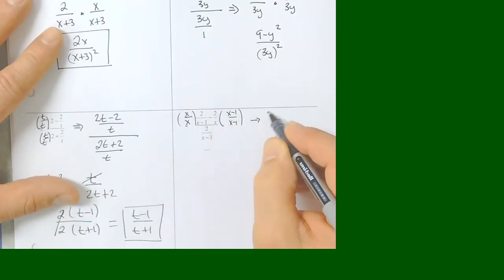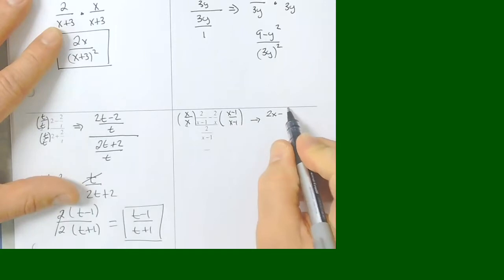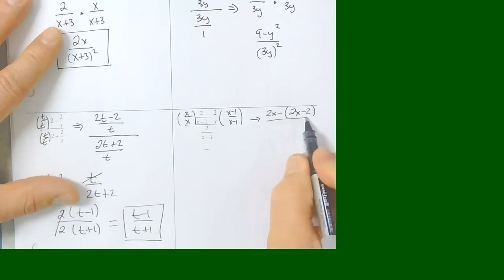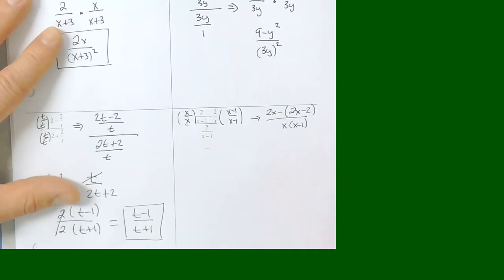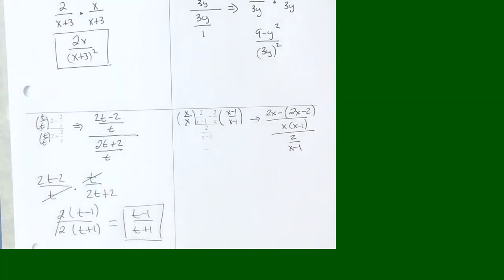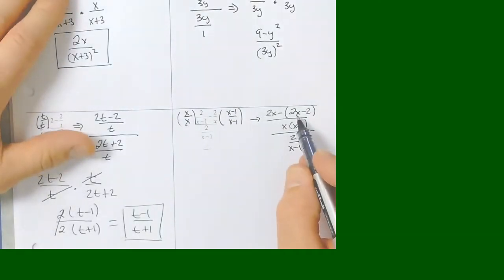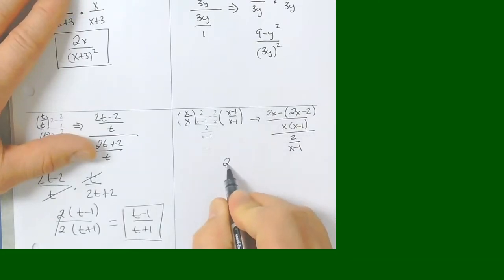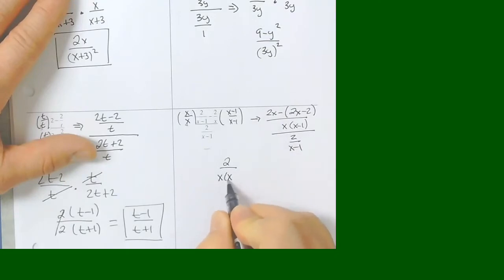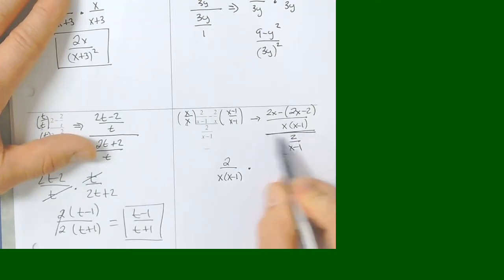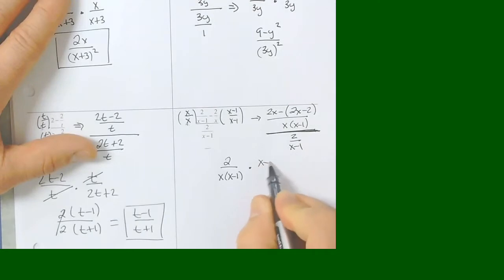It's going to give me 2x minus 2 over x times x minus 1, all over 2 over x minus 1. 2x minus 2x is 0, x minus negative 2 is positive 2 over x times x minus 1, times the reciprocal of my whole denominator, x minus 1 over 2.